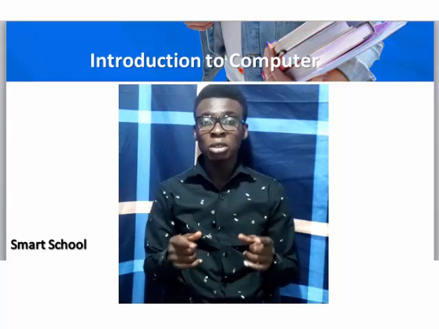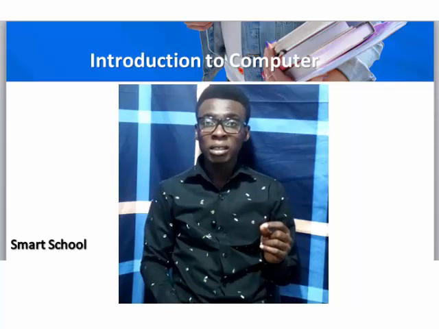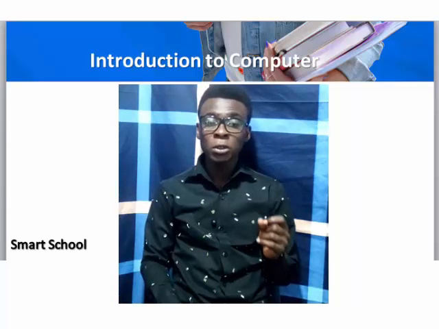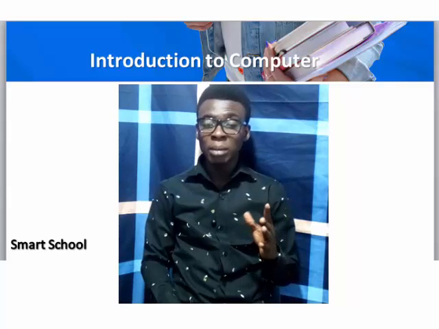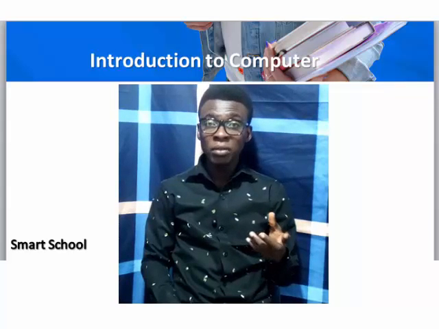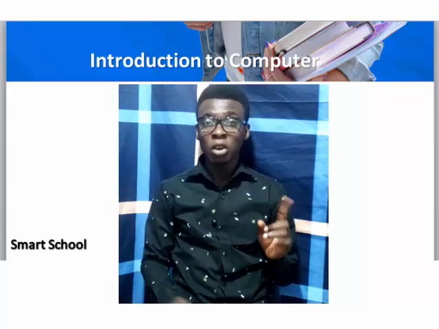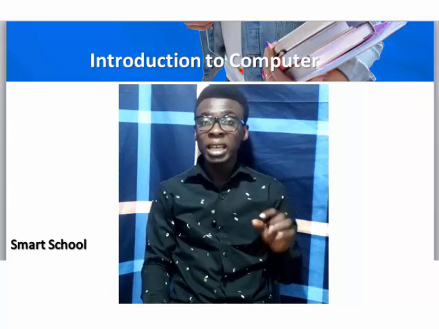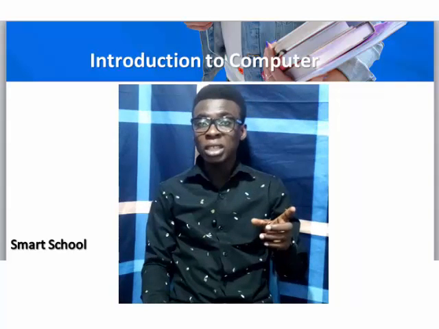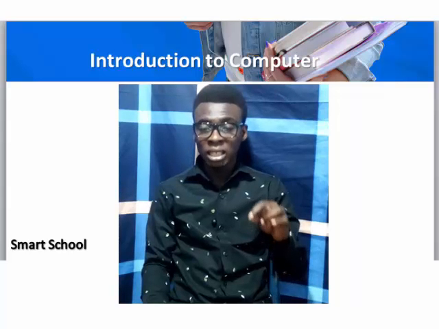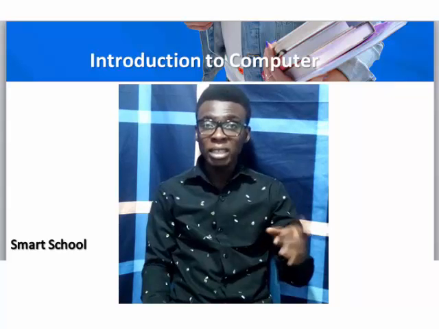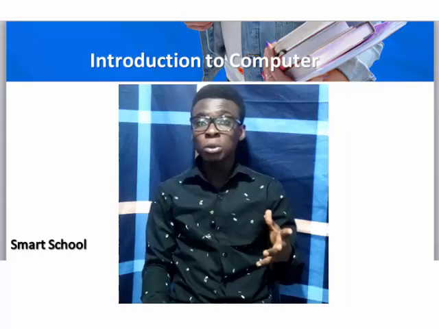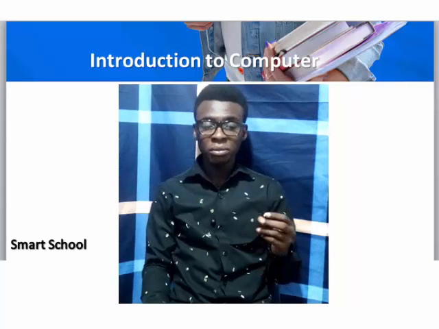In this video, we are talking about the definition of computer, electronic device, types of electronic device, the meaning of data and examples of data, and parts of the computer system. In the next video, we'll be talking about input device and output device.